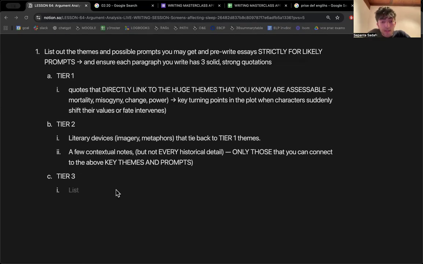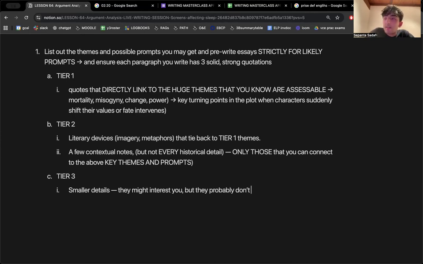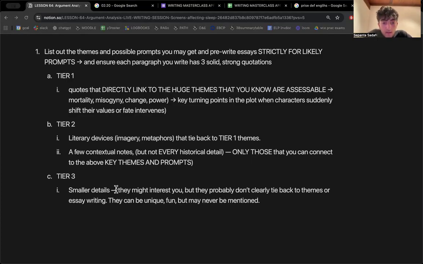Then you're going to have tier three. These are smaller details. They might interest you, but don't waste your time on them. They probably don't clearly tie back to themes or essay writing, okay? They can be unique, fun, but may never be mentioned, okay?